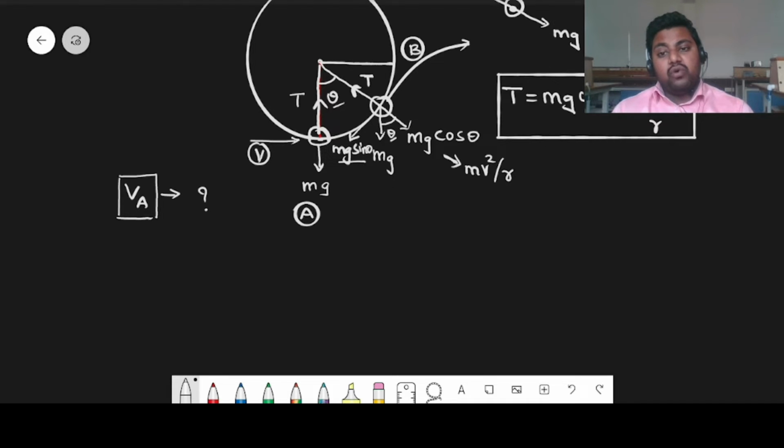If you are giving more than the required velocity, it will go to the upper circle. If you are giving less than that, then it will be oscillating in the lower circle.